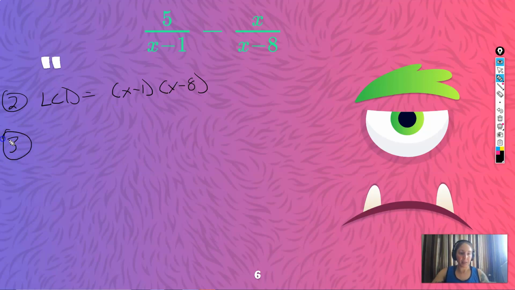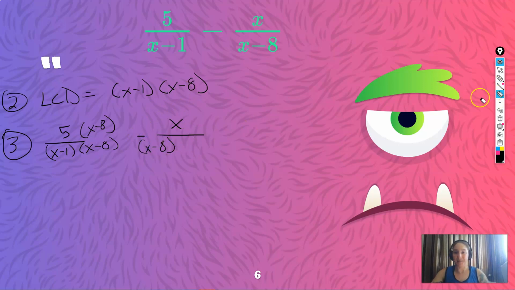So step 3, let's make some equivalent fractions. So if I have 5 over x minus 1, and I need my denominator to be x minus 1 times x minus 8, then what do I need to multiply by? Well, I need to multiply the x minus 8 in there. Now, the second fraction is x over x minus 8. Sorry, that was written over there.